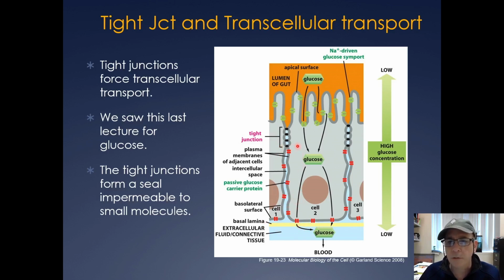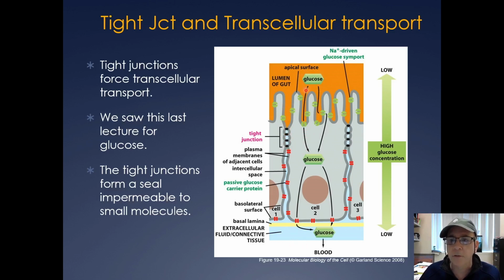But in general, in an epithelial layer, at the very top, you have these tight junctions, and they prevent small molecules from passing between. And we saw last time with transcellular transport that things go through the cell because these tight junctions prevent glucose from going down its concentration gradient.